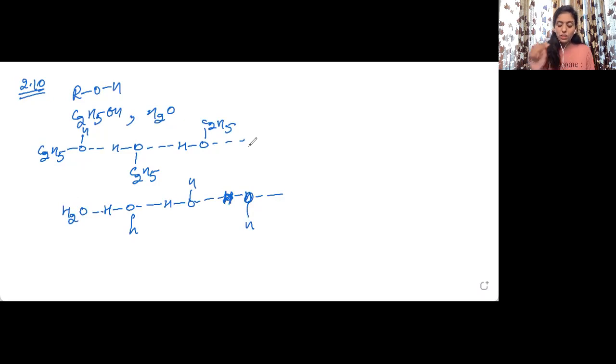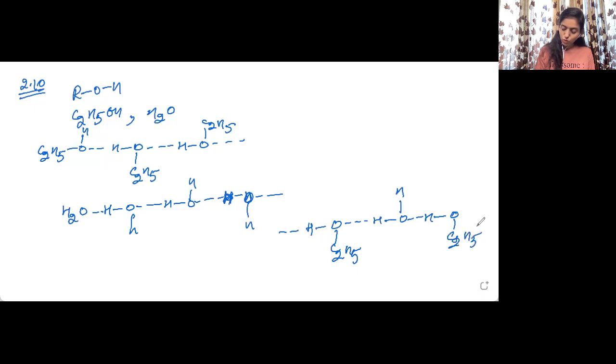Now what happens is, when we have pure ethanol and pure water, their hydrogen bonds are stronger than when we mix the two. Suppose now we have mixed it. When we mix it, what will happen? Hydrogen, oxygen, C2H5, water, oxygen, hydrogen, like this. This is the structure of water. So again there will be a molecule of alcohol, and again water, again like this.